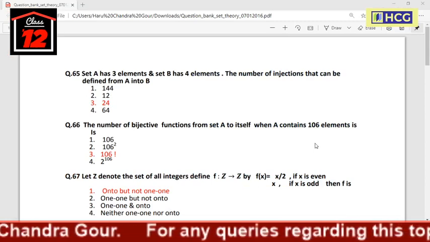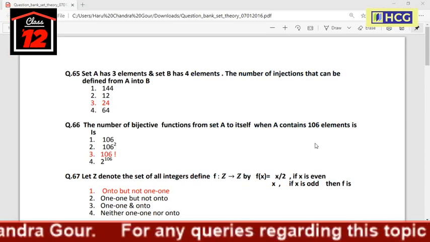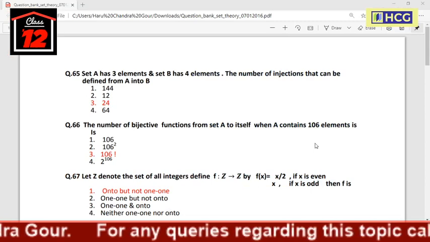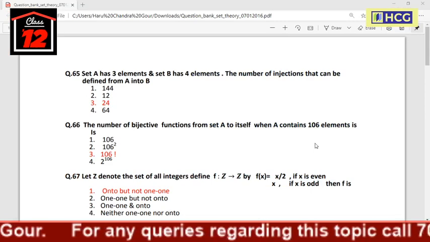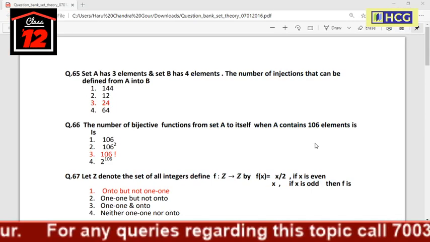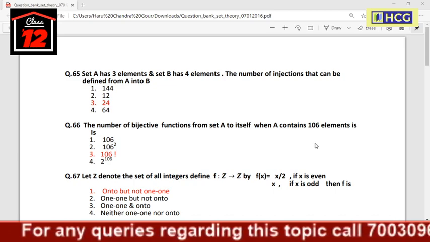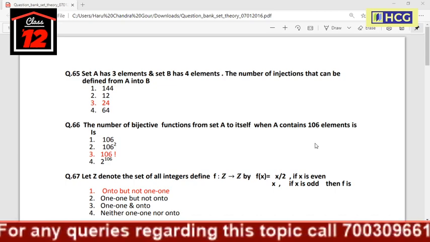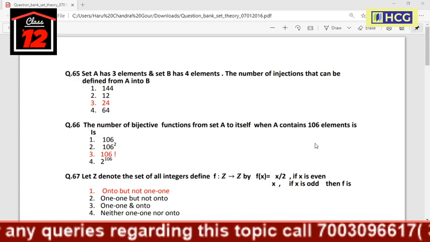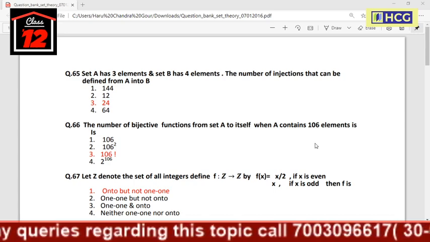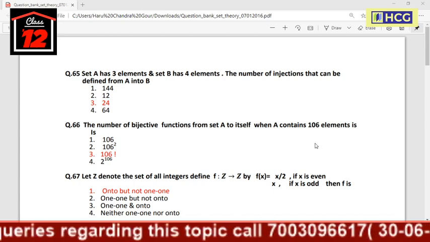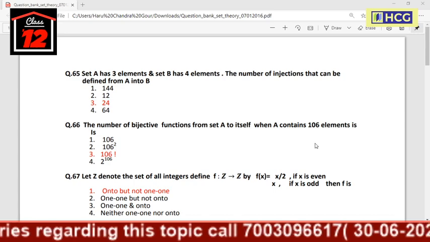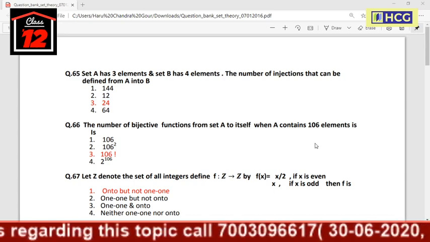Now there is a question. Question number 65. Set A has 3 elements and set B has 4 elements. How many injective functions are defined from set A into set B?